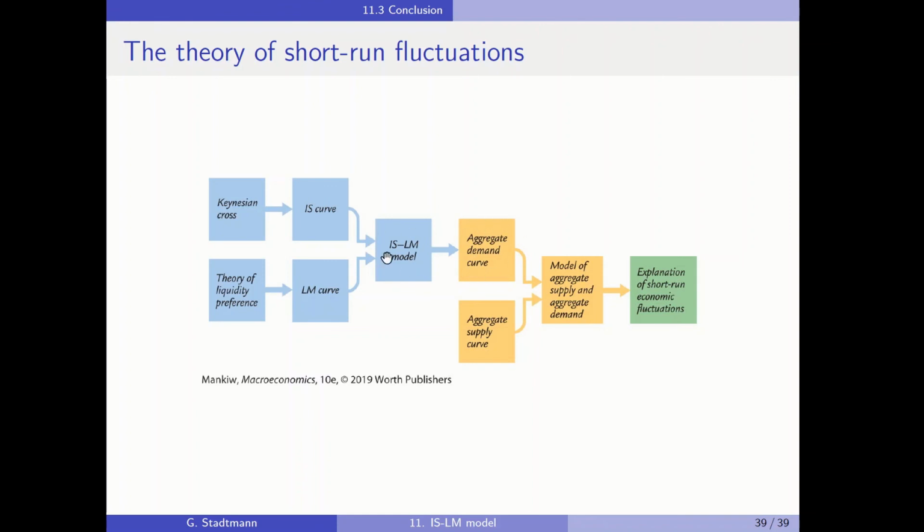So the IS-LM model in the end will determine aggregate demand. We can bring aggregate demand and aggregate supply together, and then we get this model of aggregate supply and aggregate demand, and we can in the end explain short-run economic fluctuations.